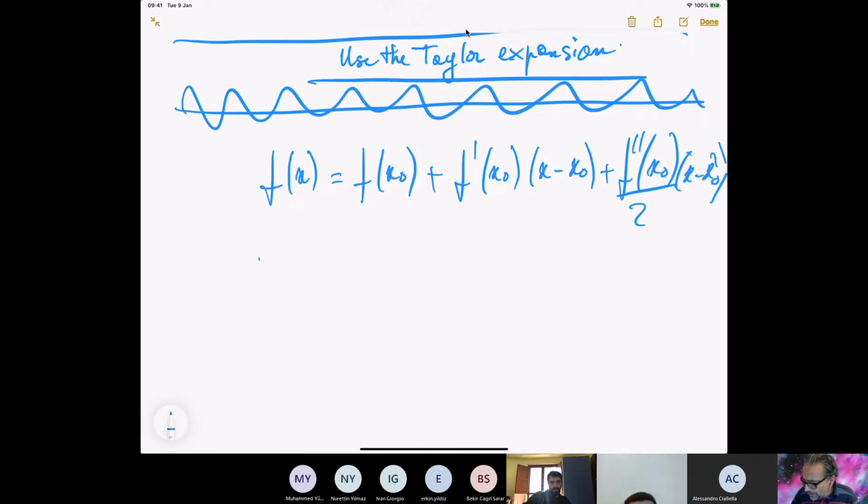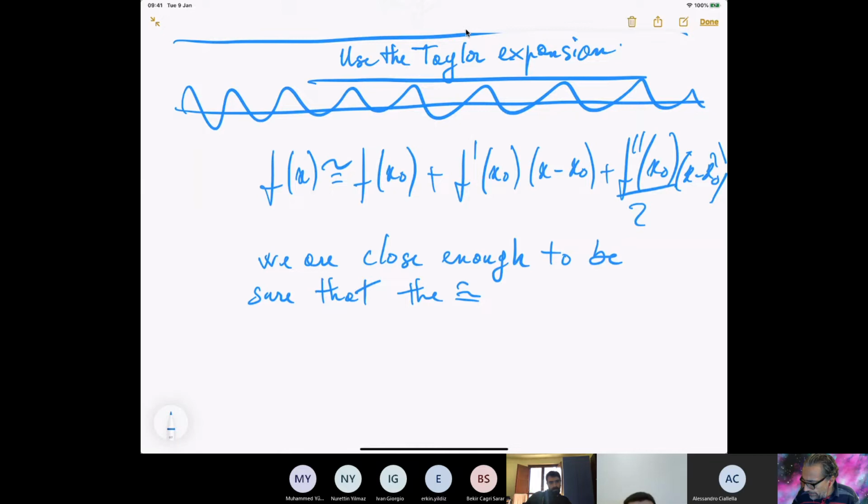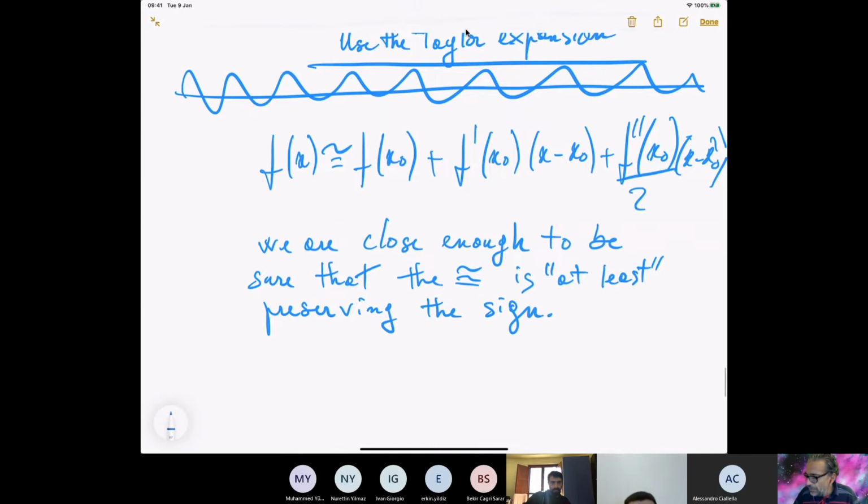So we are close enough to be sure that this equality is at least preserving the sign. I will tell you what I mean.